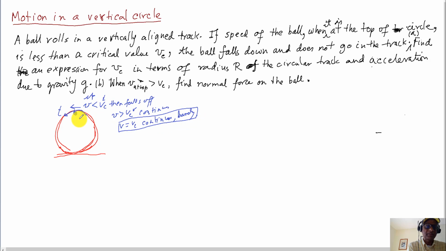It is in a circular motion, and it has two kinds of accelerations. As you know, in circular motion, it has acceleration pointed towards the center. Then there's a tangential acceleration, because it's going to speed up just from gravity.